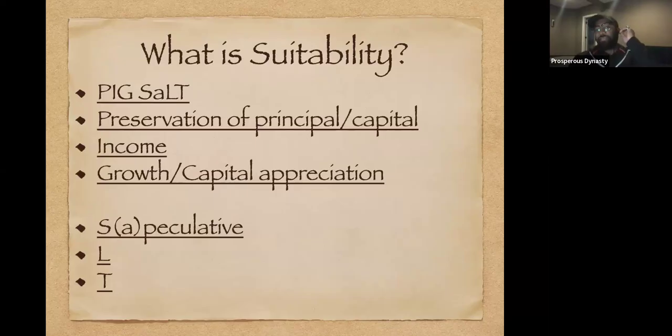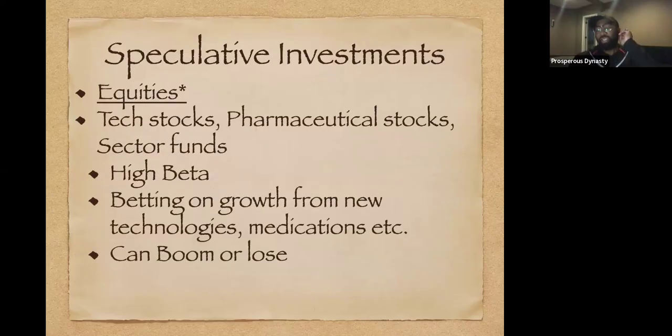All right, so the S in PIGSAW is the speculative. So these are our speculation, right? These are people that want to take on more risk. Again, that's going to be in our equities, right? So these are our tech stocks, our pharmaceutical stocks, our sector funds, biotech. These stocks typically have a high beta. Anybody know what beta is? So beta is used to determine volatility, right? So these are stocks that are going to take big swings.